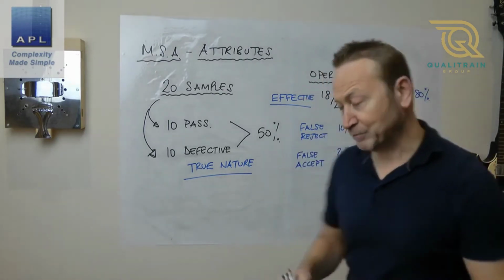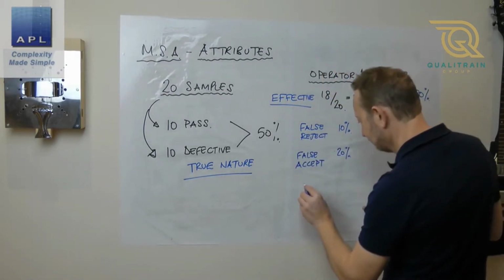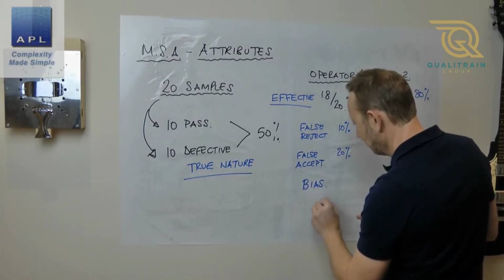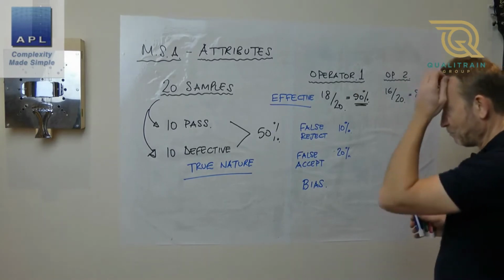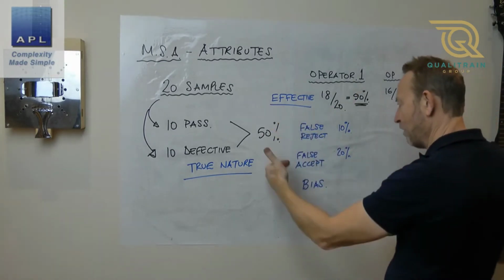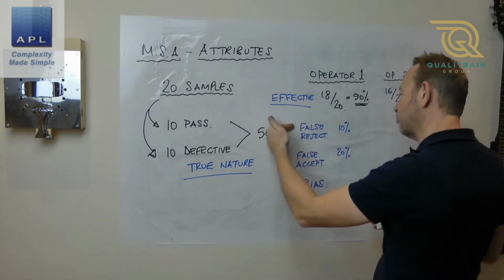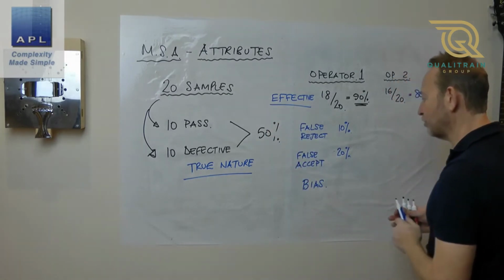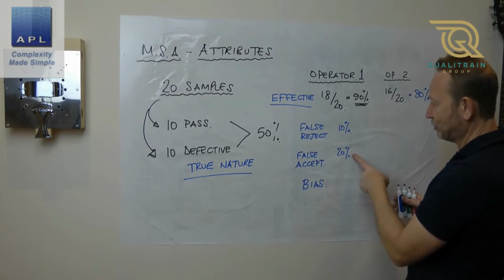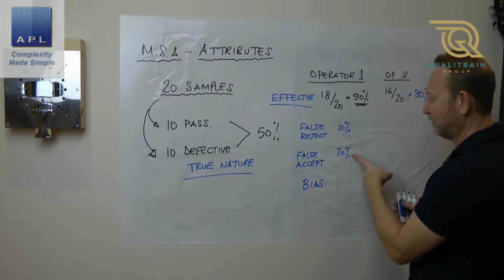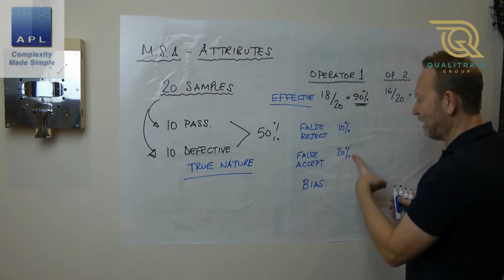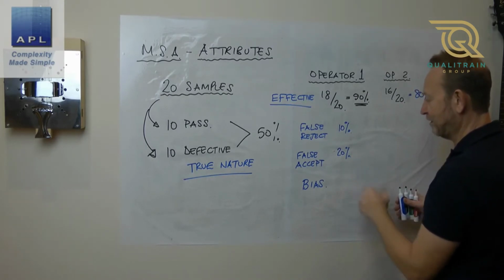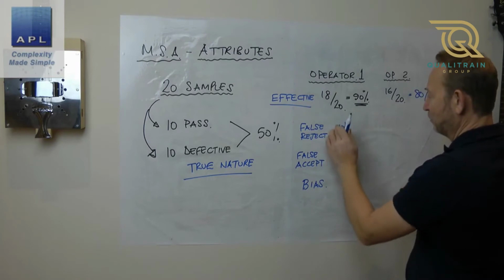And then the final number that you work out is the bias. Now the bias is which way are we biased here? Are we too tight or are we too loose? Too tight or too loose. Now you can see here that we're accepting more mistakes, so we're actually too loose. So you look at these two.